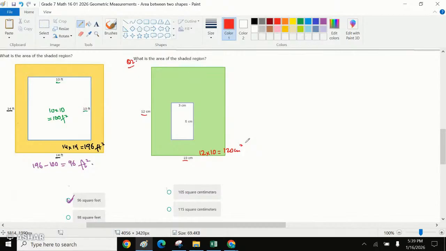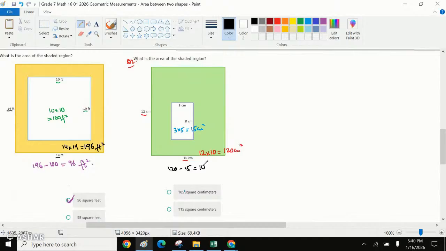Okay. This should mean 3 multiplied by 5. That is 15 centimeters squared. Right? And finding the answer would be 120 minus 15, is it option A or option B?